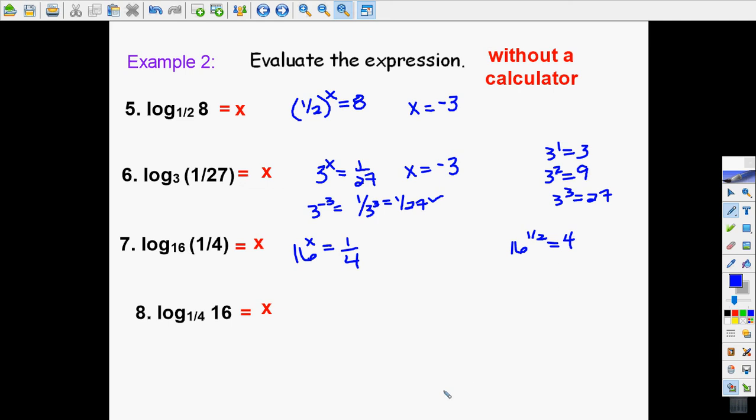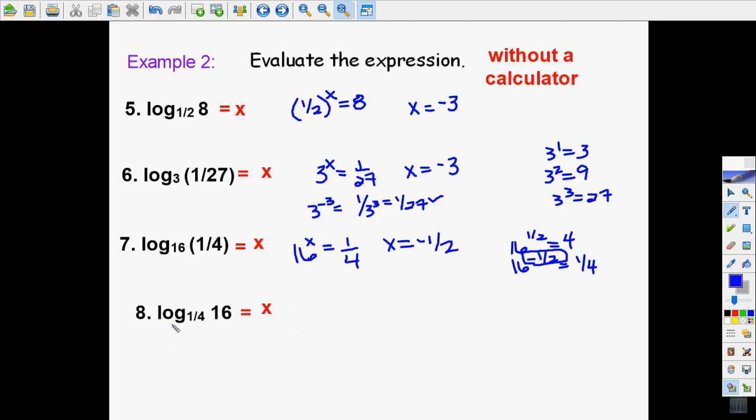But I don't want the number 4, I want the number 1/4. So if I take 16 raised to the number -1/2, that will give me 1/4. So x is equal to -1/2. We knew it had to be negative because it became a fraction, and we knew it had to be a half power because the square root of 16 is 4.